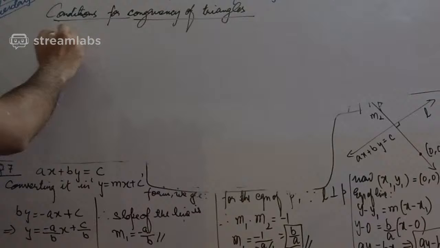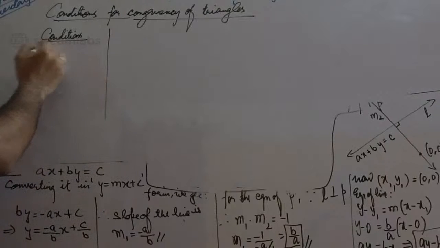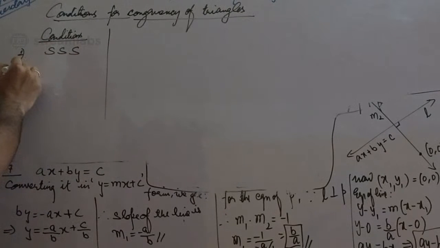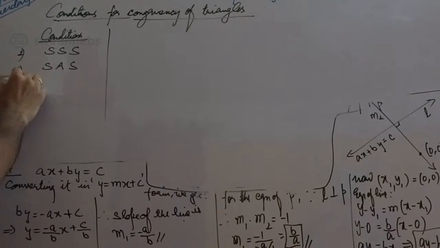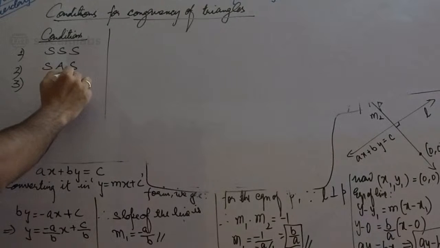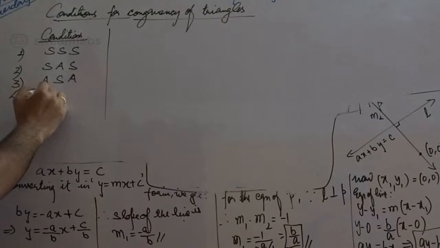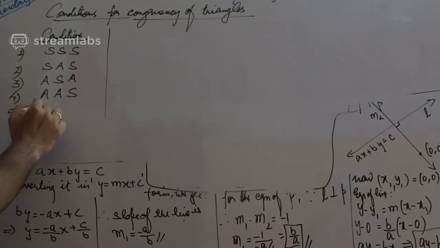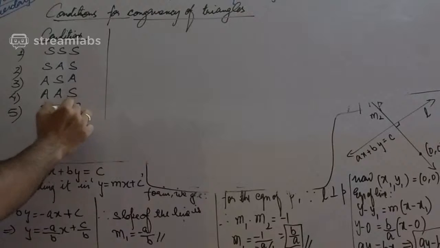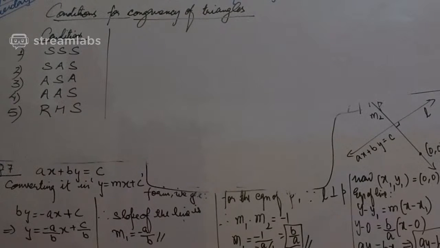And here I'll write down the conditions. First condition, I'll start with SSS, then second would be SAS, third would be ASA, fourth would be angle side, and the fifth would be RHS. So hope you remember all these conditions.